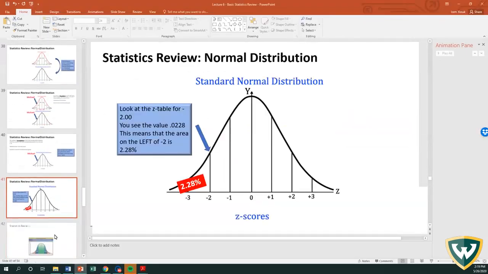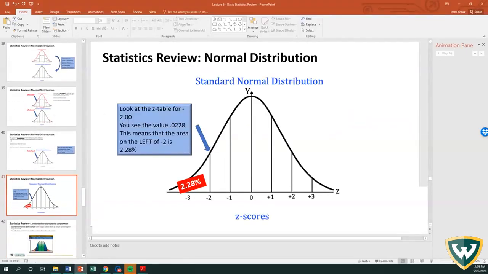What does that mean? Well, this means that the area to the left of -2 on a standard normal distribution is 0.0228 out of 1. So that means it's 2.28% of the whole population if we think of the whole population as 100%.